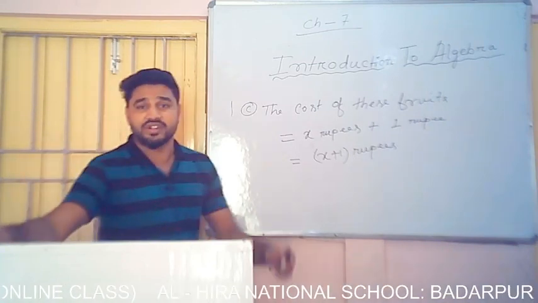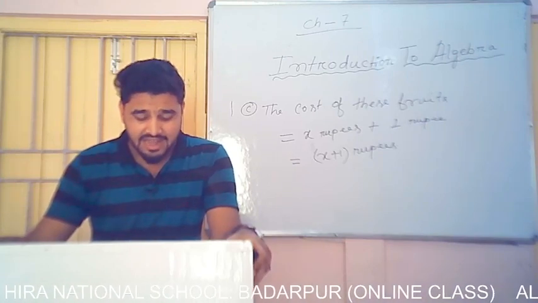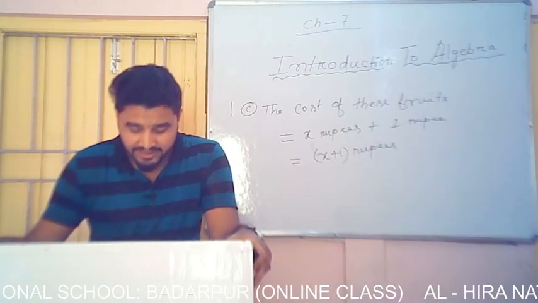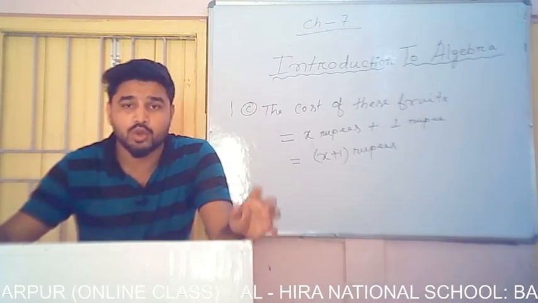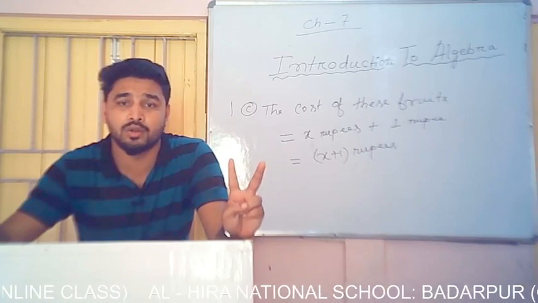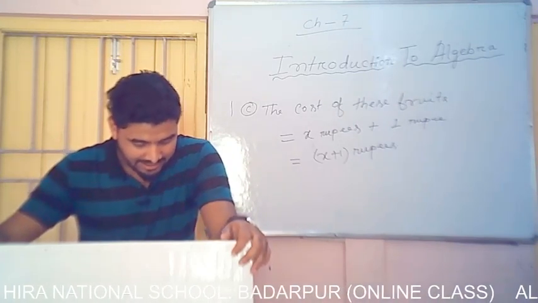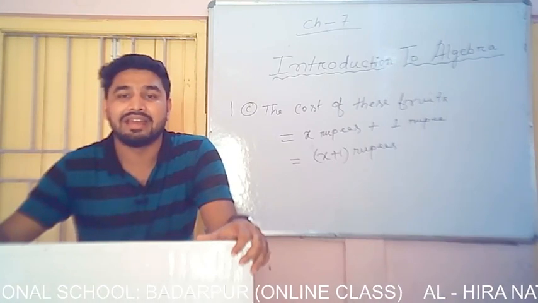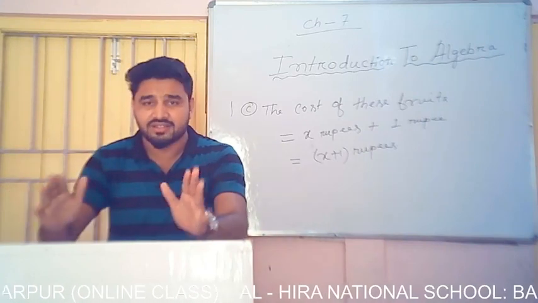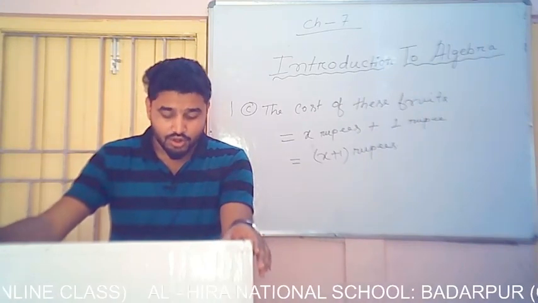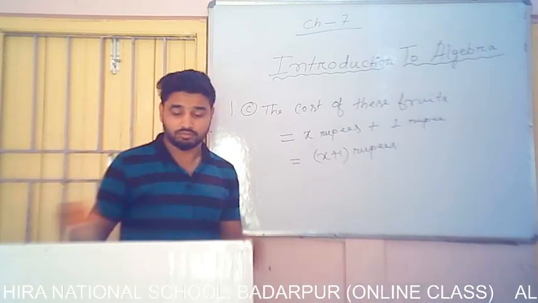Now come to question number D. The question is write the total cost of these articles. We have to find the total cost of these articles. There are 2 articles, one is a hand watch and another is a digital camera. As in number C, this is also the same. So let us do it.